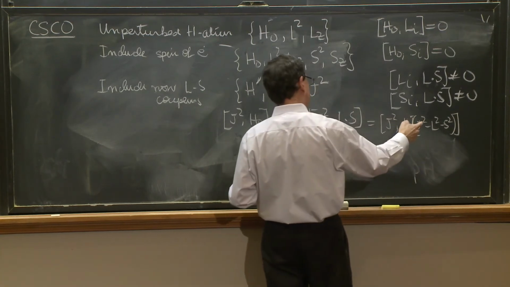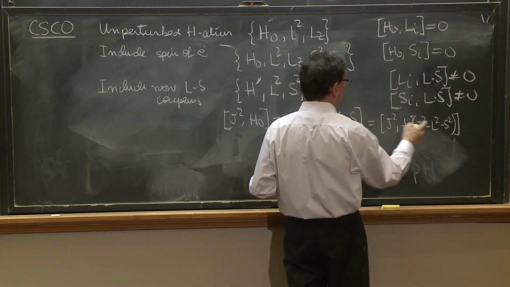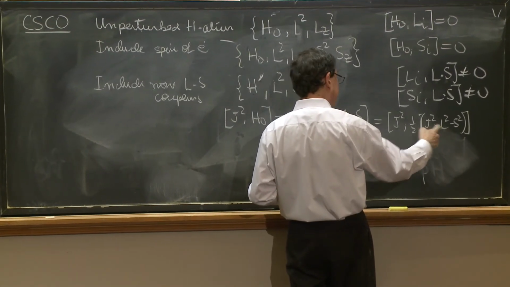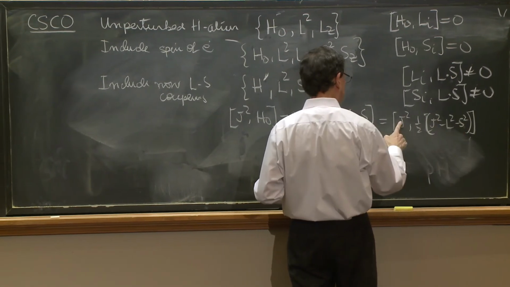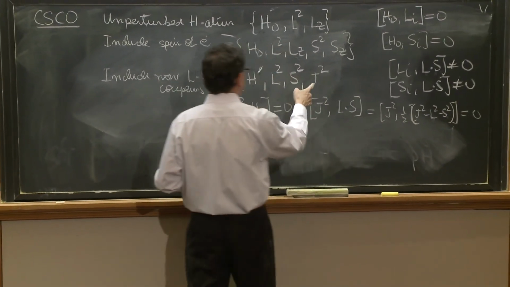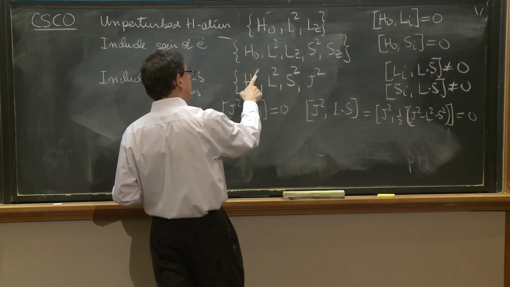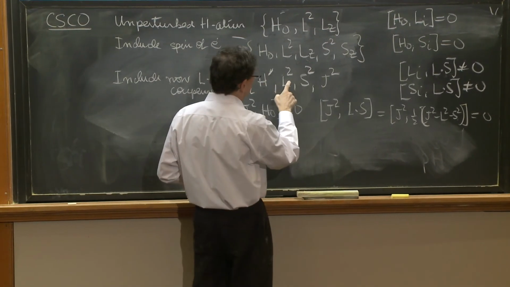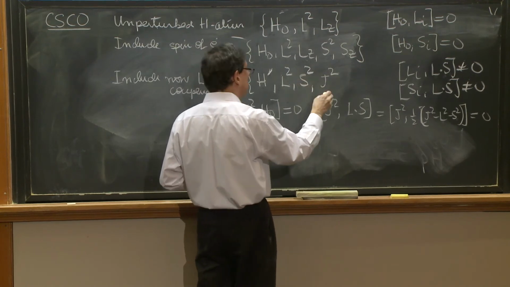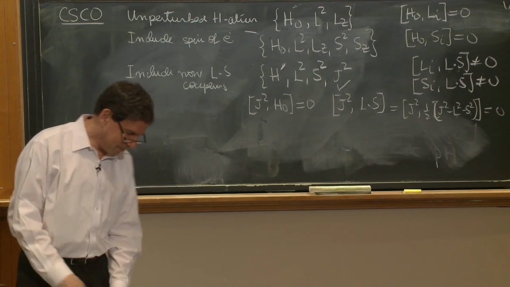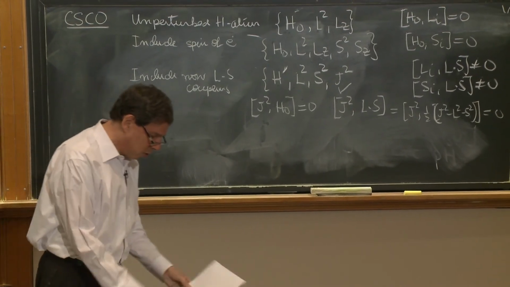And J squared commutes with J squared. J squared commutes with L squared, because L squared commutes with anything built out of L and S. The same, S squared commutes with J squared. So this is 0. So indeed, J squared commutes with H prime. And by the same reasoning, J squared commutes with L squared and with S squared. So yes, we can include J squared here. That's a good thing. So we do add it.